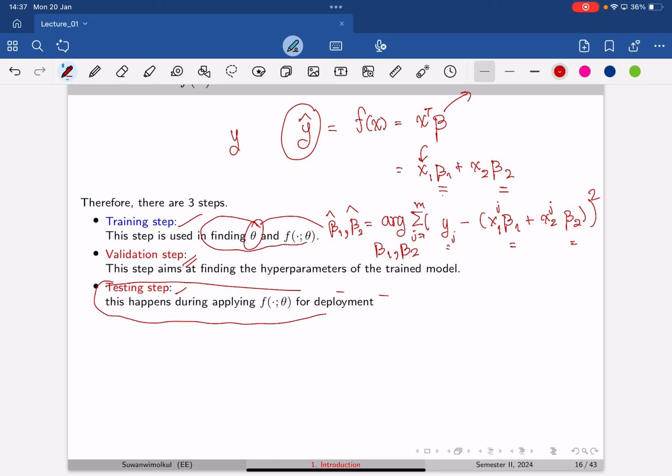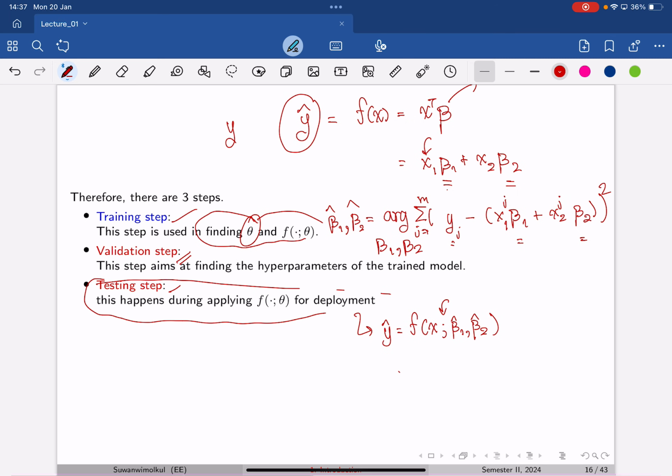After you have beta 1 and beta 2, in your testing step, what you would do is infer y hat as a function of x, given beta 1 and beta 2. Or maybe let's just call it x1 beta 1 hat plus x2 beta 2 hat, which will be equal to your forecasting value.